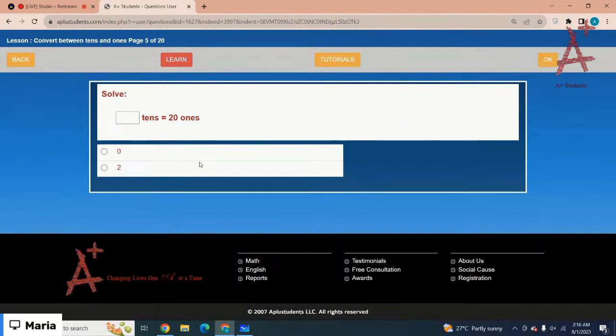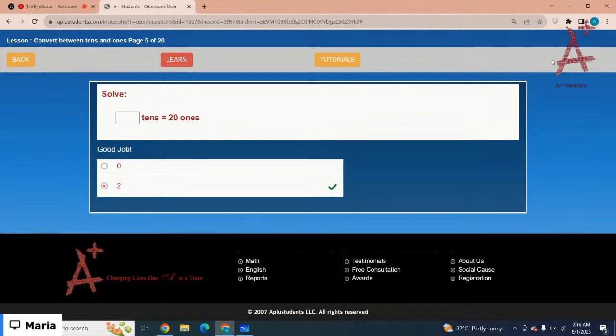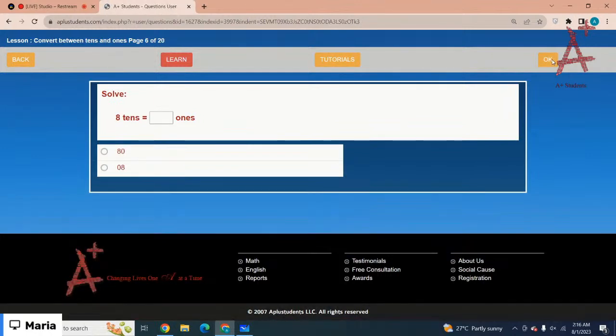The correct option is 2 tens. 8 tens equal the digit at the tens position is 8. That means you have 80 ones in 8 tens, right? You have 80 ones.